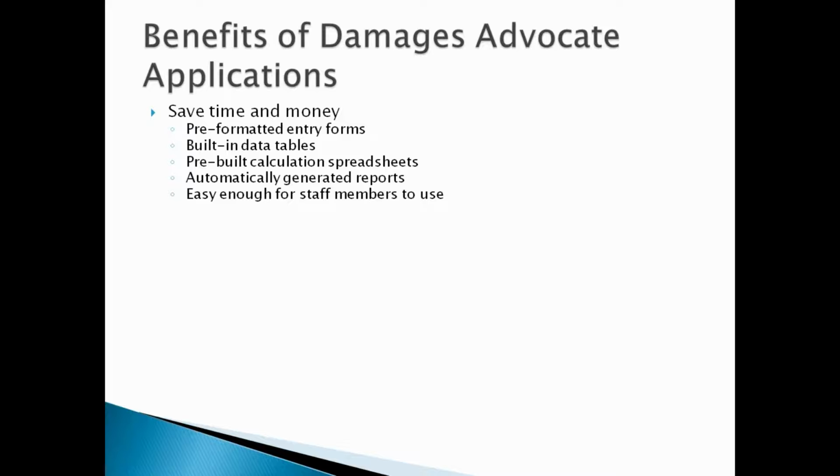It's got an Excel component to it, so it's completely transparent, and it has Microsoft Word in the report. That Microsoft Word is also converted to a PDF form. And also, after you learn the process of Damages Advocate, the best news is it's easy enough for staff members to use once they're trained in it.